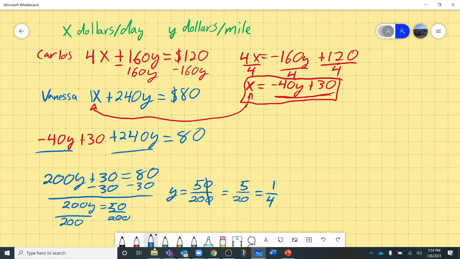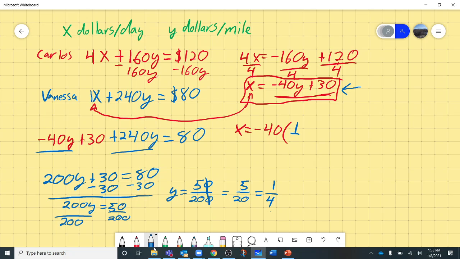Let's plug that back in. We could use this red equation right here. So we're going to say x equals negative 40 times y, but we figured out that y is equal to 1/4.